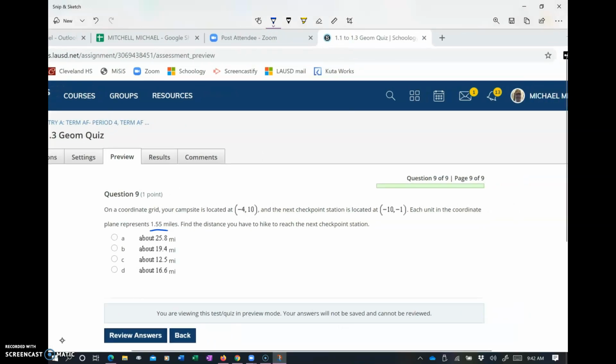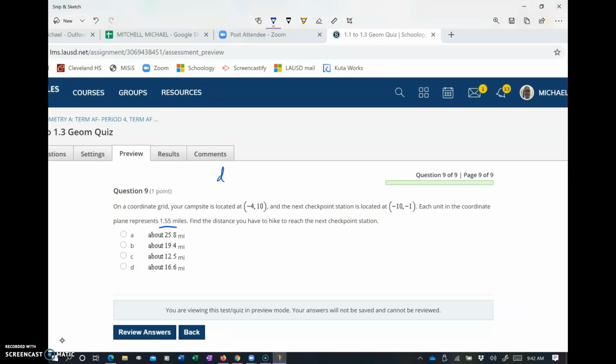So on this one, remember it's going to end up being our distance in miles is going to equal our scale times our distance formula, which is just going to give us the distance on the grid. So you got to remember distance equals square root, x2 minus x1 squared plus y2 minus y1 squared.